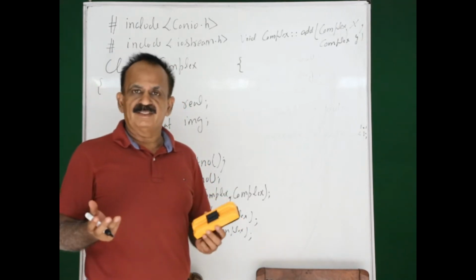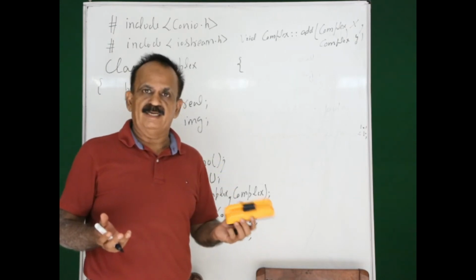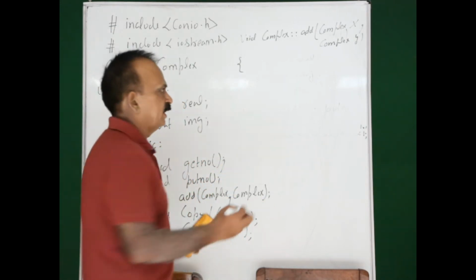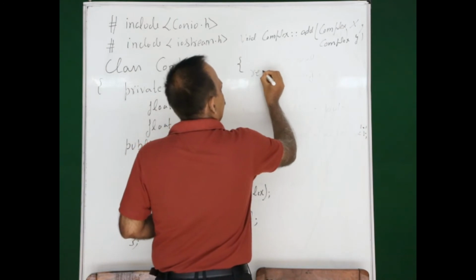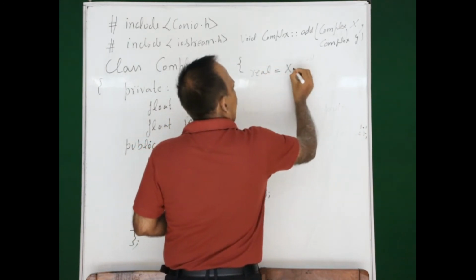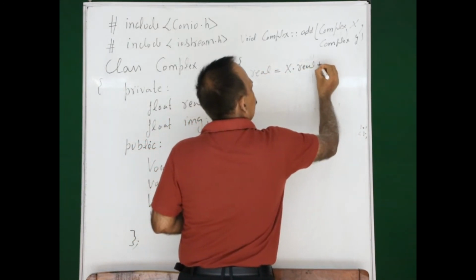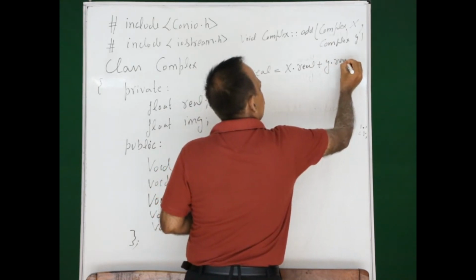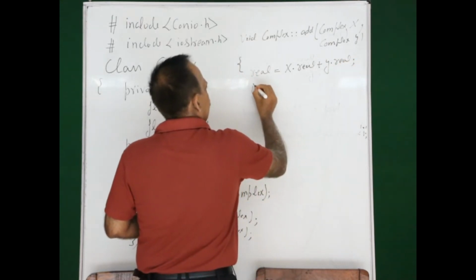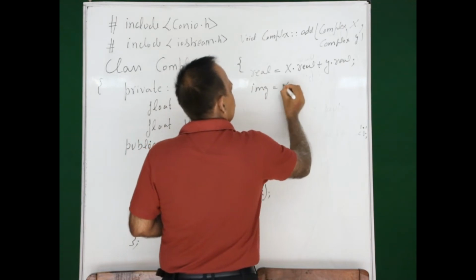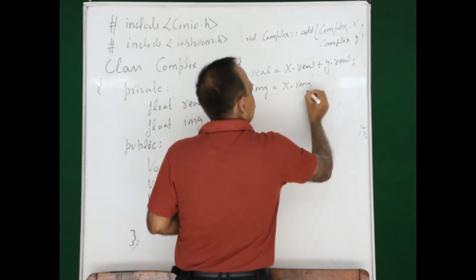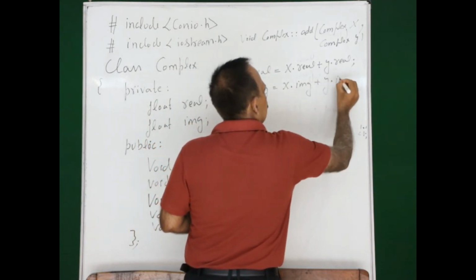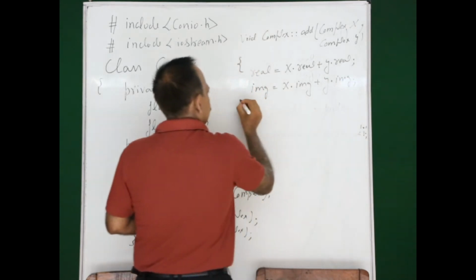Now the logic is very simple. When two complex numbers are added, the real part is added to the real and the imaginary part is added to the imaginary. Real is equal to x dot real plus y dot real, and similarly the imaginary part is x dot imaginary plus y dot imaginary, end of this logic.